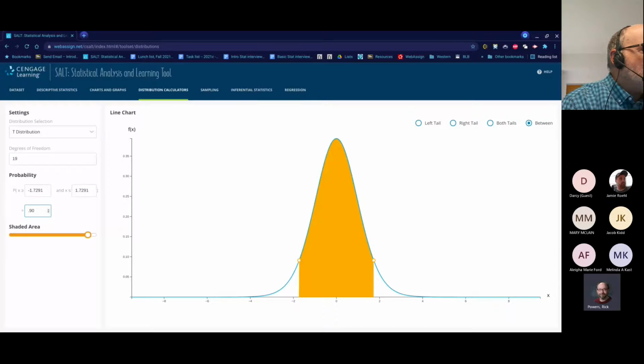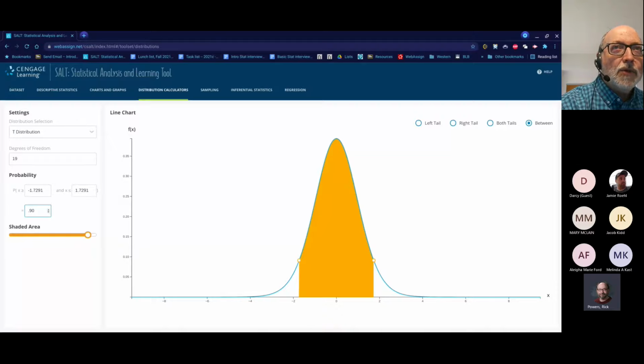I got 1.7291. That's correct. Okay, I'm going to share my screen so you can see where that comes from. So we are in the T distribution. We have 19 degrees of freedom because we had 20 in the sample.